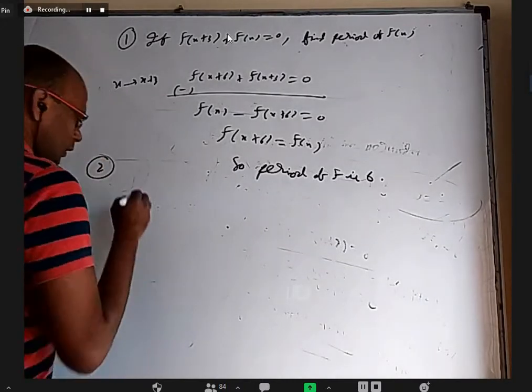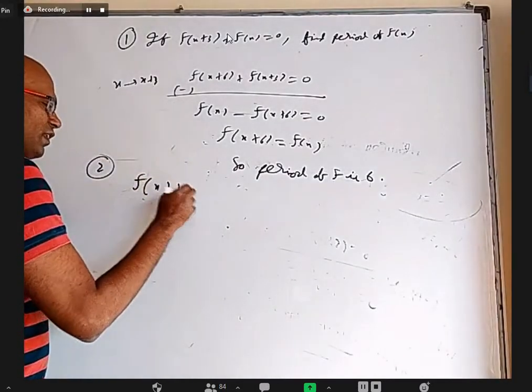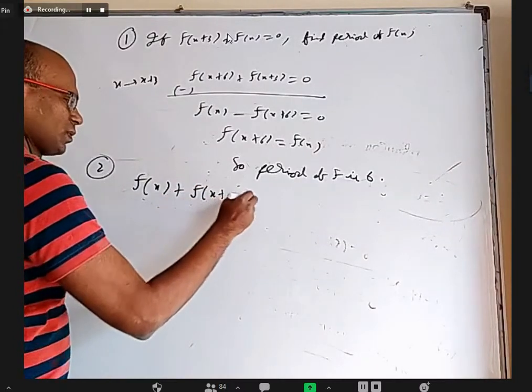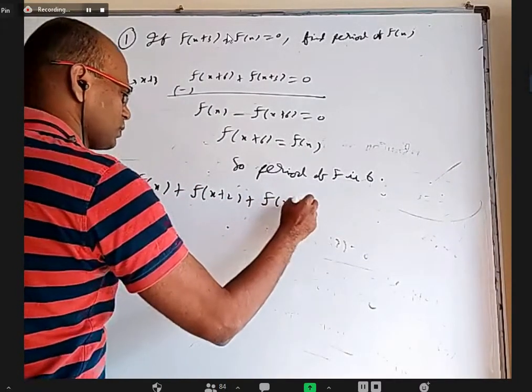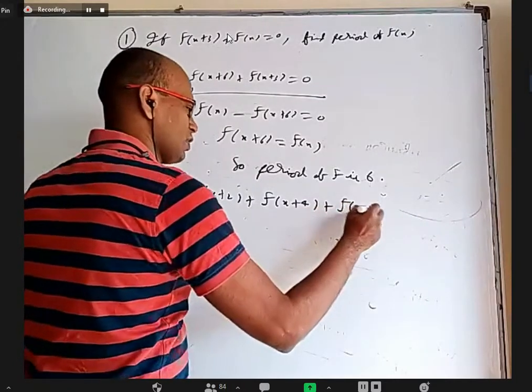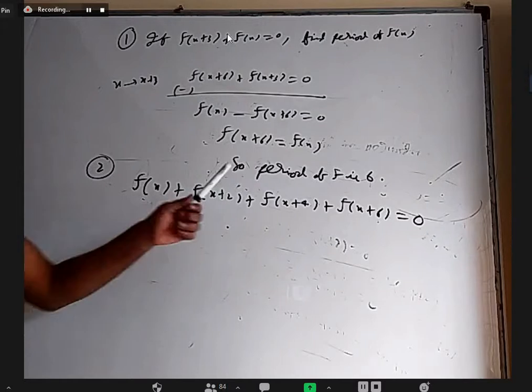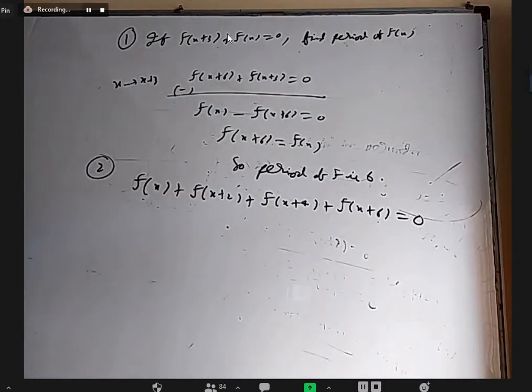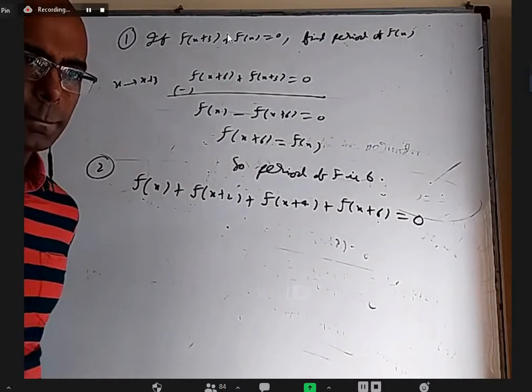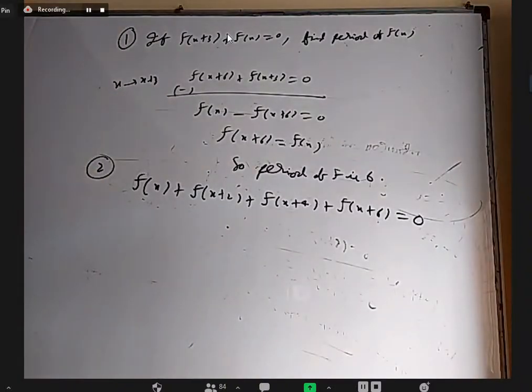Okay, let us say somebody gave me f of x plus f of x plus 2 plus f of x plus 4 plus f of x plus 6 equal to 0. Based on this, can you try to tell what the period of f will be? Sir, 12?